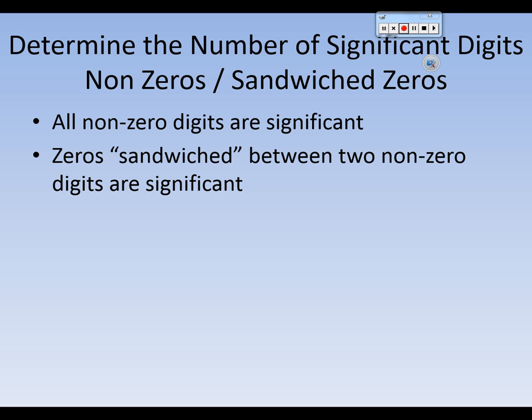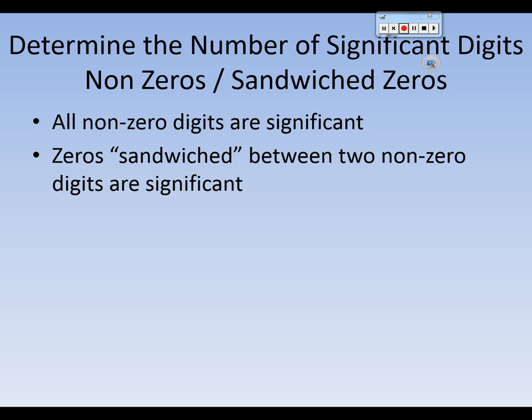It doesn't matter how many zeros are sandwiched. All of them are significant. So 707 is 3. 7007 is 4. Doesn't matter how many zeros are there. They're all significant.